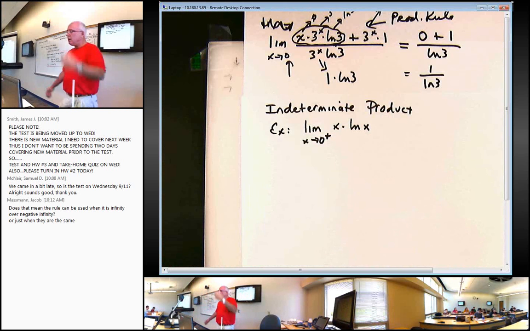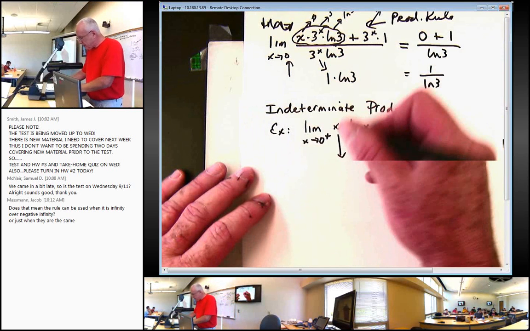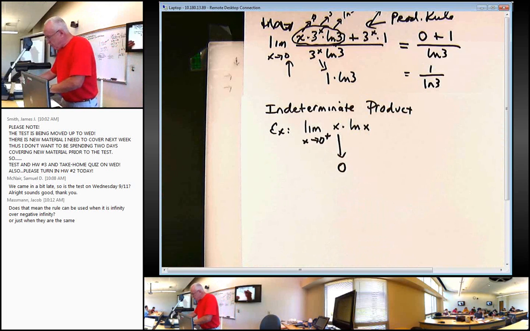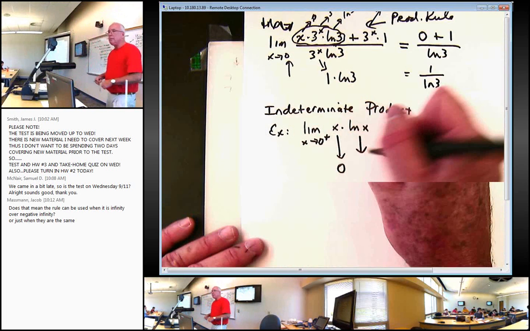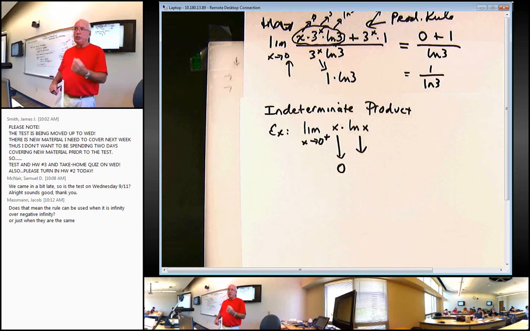Well, let's just plug in the 0 plus into both of these. That just means we're approaching 0 from the positive direction. When I plug in 0 for x, that's going to be a 0. But does anybody remember what the limit of the natural log is when I approach 0 from the positive direction?